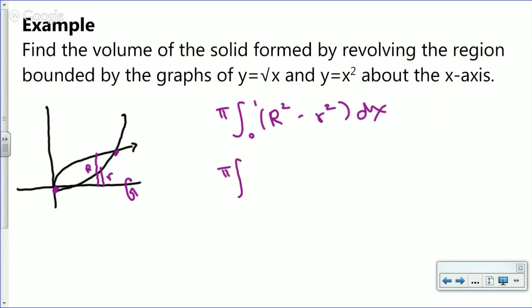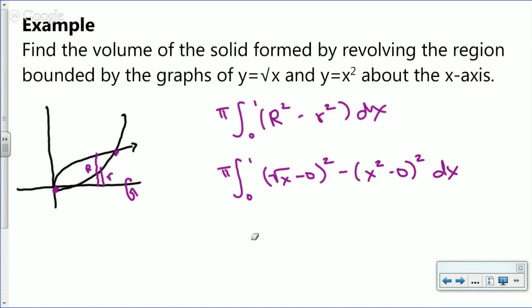Okay, so I have the integral from 0 to 1. Capital R, we need to do top minus bottom. So that was the function square root of x, right? Bottom is 0, so you can write it in or not, doesn't matter. Square, again, don't be stingy with those squares. And then little r, top minus bottom. Top will be x squared, bottom will be 0, dx.